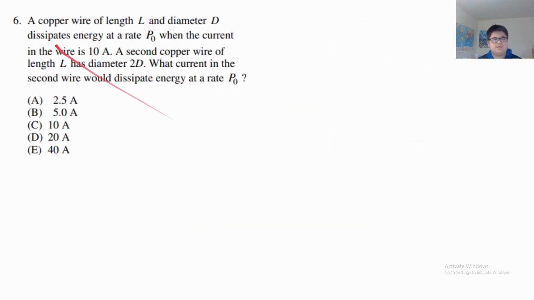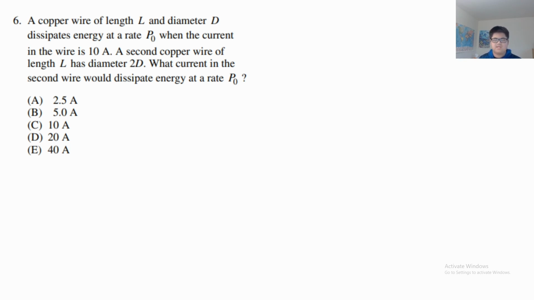Now, question 6 talks about a copper wire of length L and diameter D that dissipates energy at a rate P0 when the current in the wire is 10 amps. A second copper wire of length L has diameter 2D. What current in the second wire would dissipate energy at the same rate? So this uses the power equation.